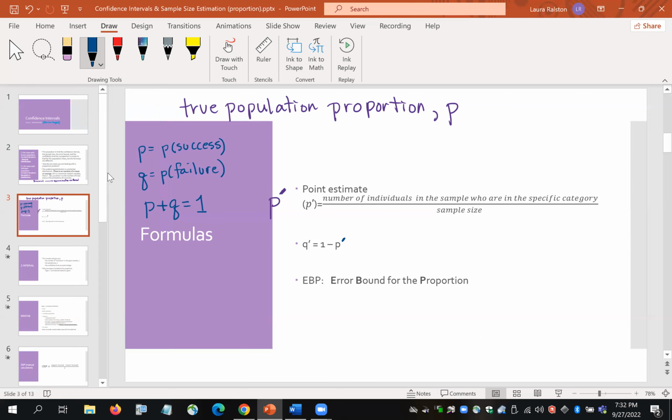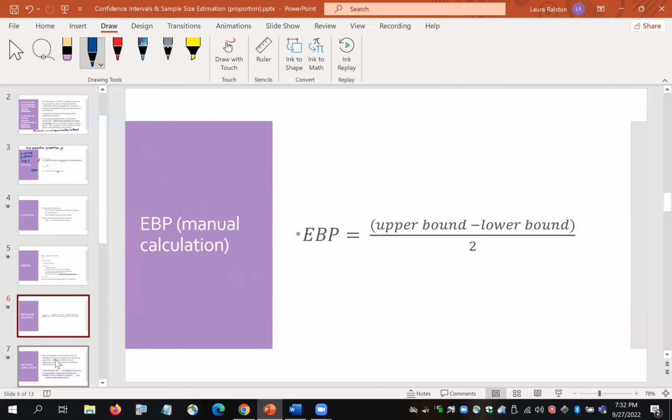We also, instead of having the error bound for the mean, we're now dealing with a proportion. So it becomes EBP, error bound for the proportion. But its calculation is the same as before. It's still upper bound minus lower bound.